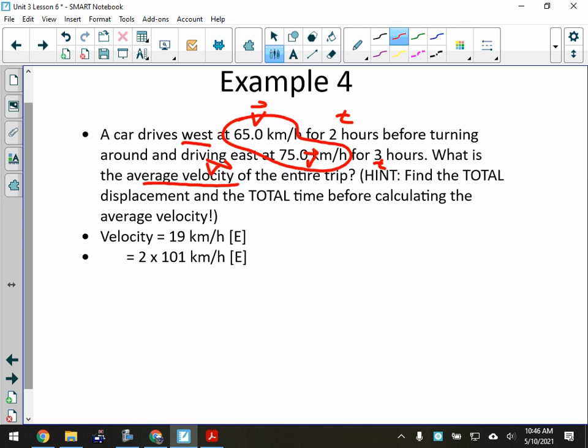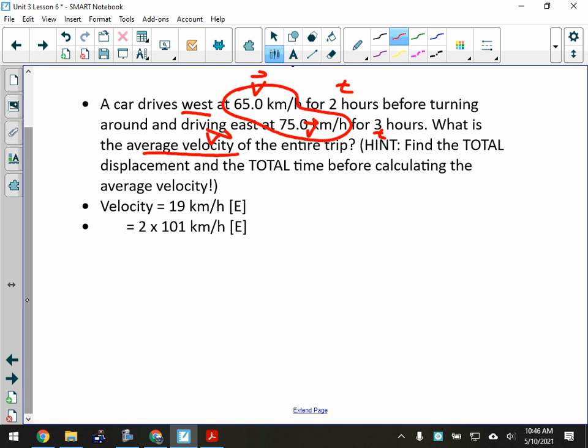And if we're talking about velocity, that is the displacement over the time. Even if you were to do the distance over the time, it probably wouldn't be 70. Because not only that, you also have different time frames here. One's going for 2 hours and one's going for 3 hours.